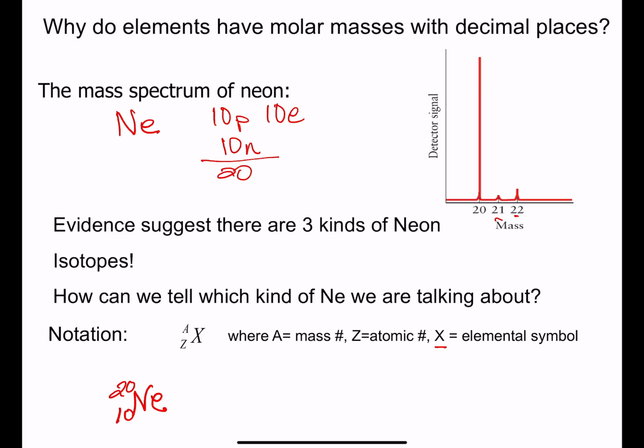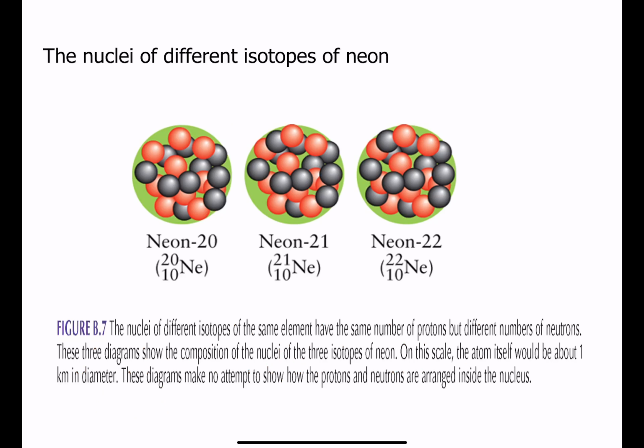Note on a periodic table, it looks different. In the previous video, we made it look like this, where we had our mass number on the bottom of the element and our atomic number on the top. But our book also uses this notation, so I wanted to show you both.